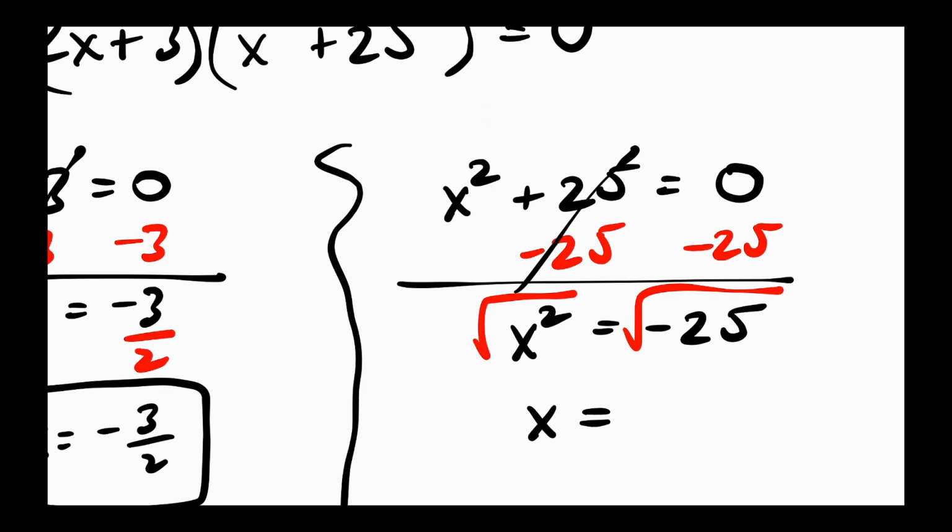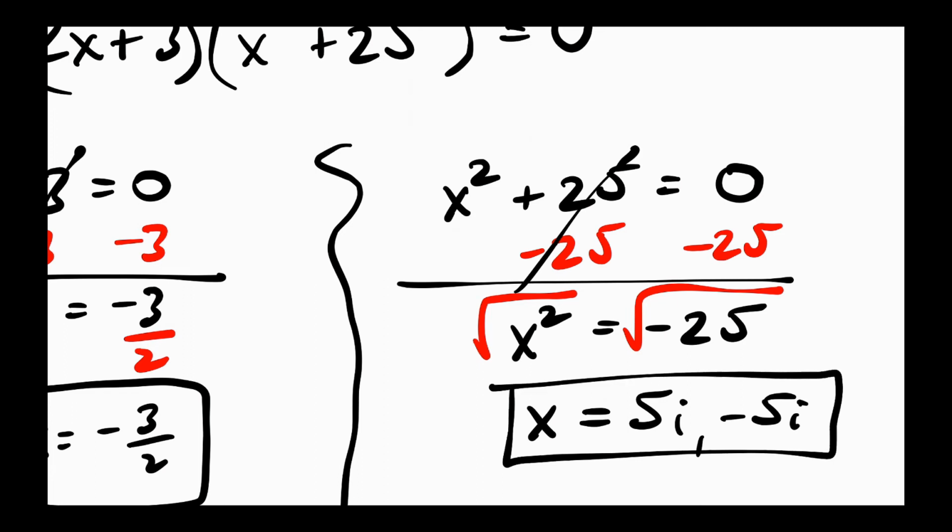X equals, what is it going to be? 5 with an imaginary. So how do we tell if it's an imaginary? With an I. We put an I to take note of that. So it's going to be 5I, and then where's my other answer? Negative 5I. Yep, because this one had 2 answers locked in it. Because of this squared right here, that means it had 2 answers locked in there. So I got to find the other one too.